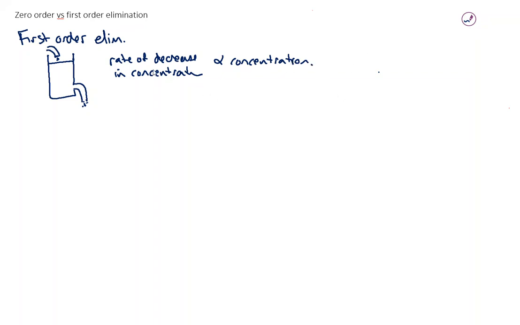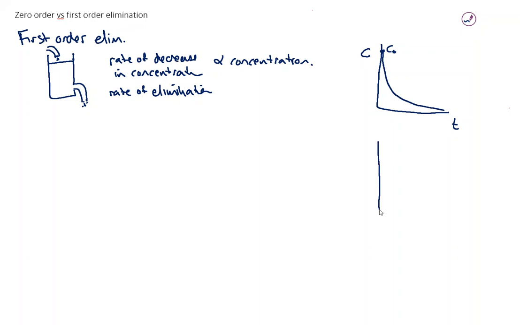If we're talking about the rate of decrease in concentration, that's another way of saying the rate of elimination is proportional to the concentration. If we were to plot a graph of concentration versus time, we're starting from C0 and we get what looks like exponential decay.